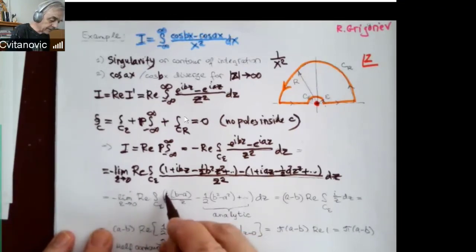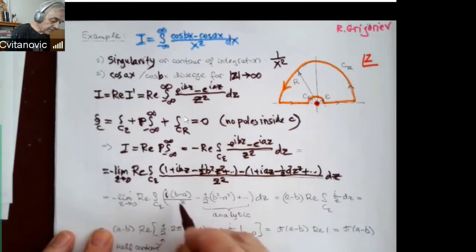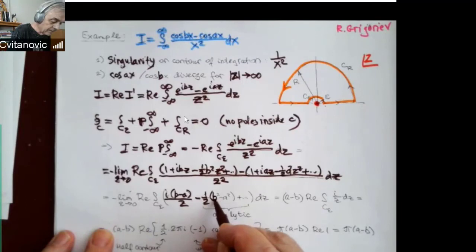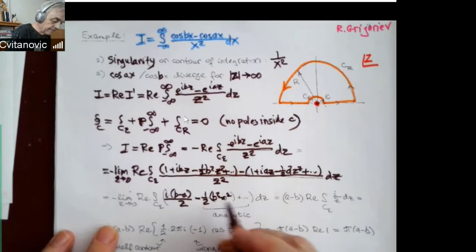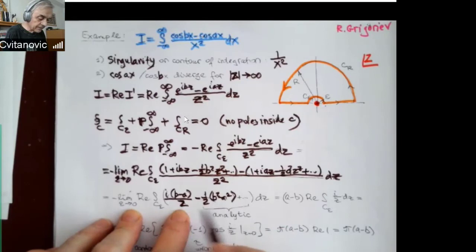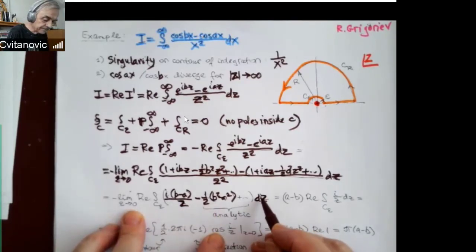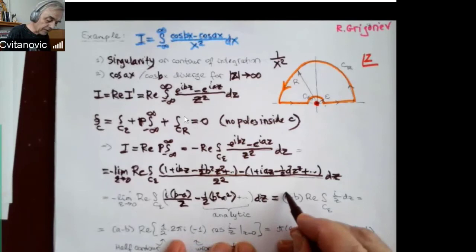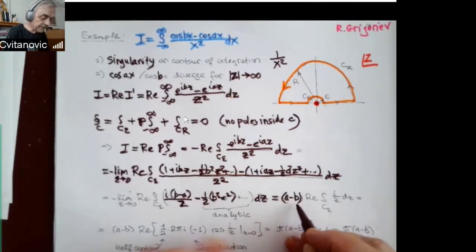One of the terms is the difference between these two parameters. The next term is the difference between the squares. Now, that's a pole, that's constant. But I remember that the only thing that contributes on a circle is the pole. So the only thing I pick up is the difference of these two terms here.